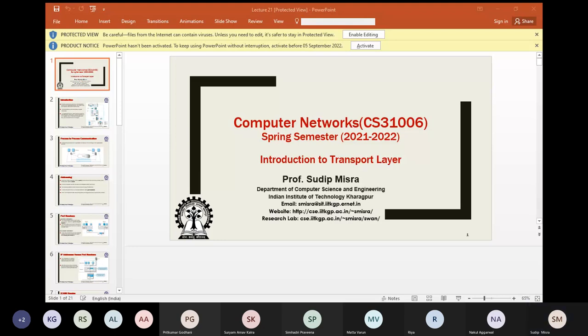And then over here, what is the address? This is what we need to understand. The address over here is done with the help of something called the port number.